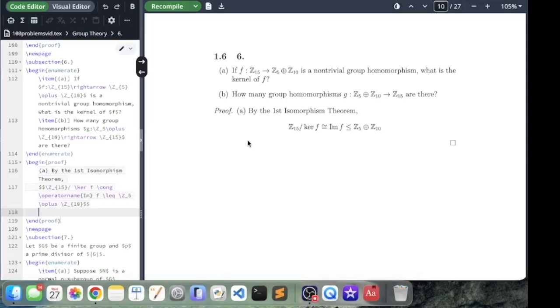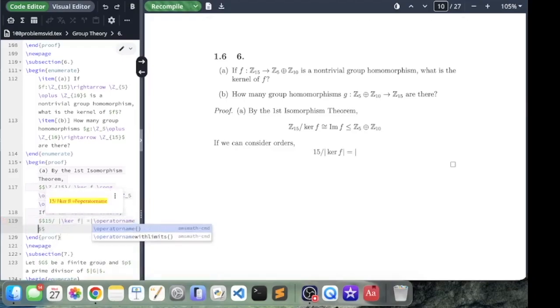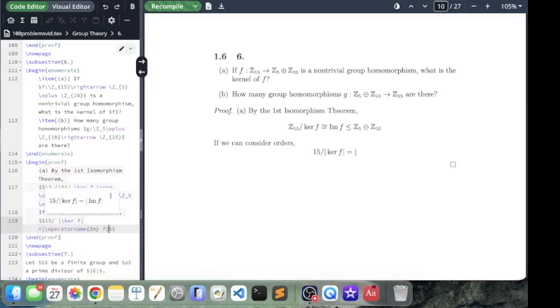If we consider orders, we essentially get the equation 15 over the order of the kernel of f is equal to the order of the image of f. So we get this relationship.